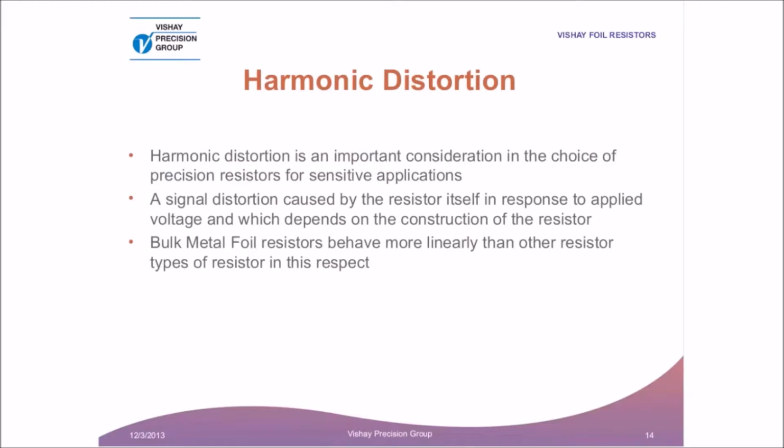And this depends to a large extent on the construction of the resistor. And bulk metal foils have a very linear response in this respect, much more so than other types of resistors. And just to add to what Kevin said, foil's continuous homogeneous material characteristic is its big advantage in this respect.